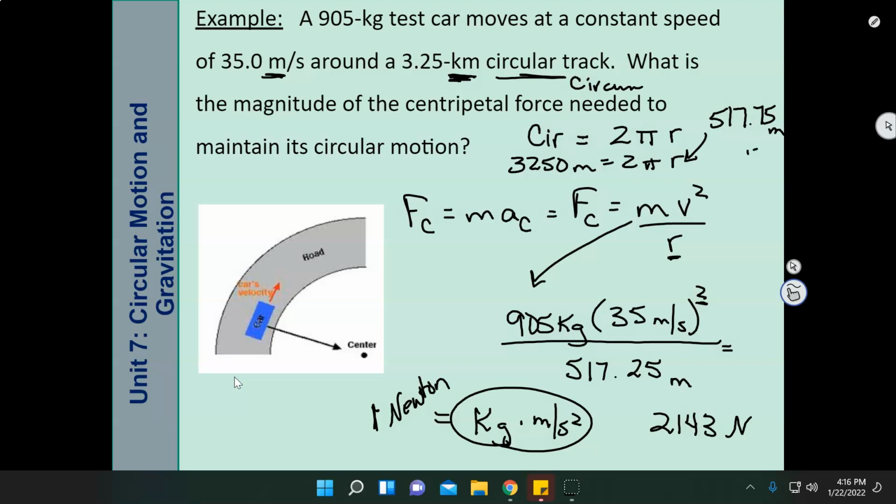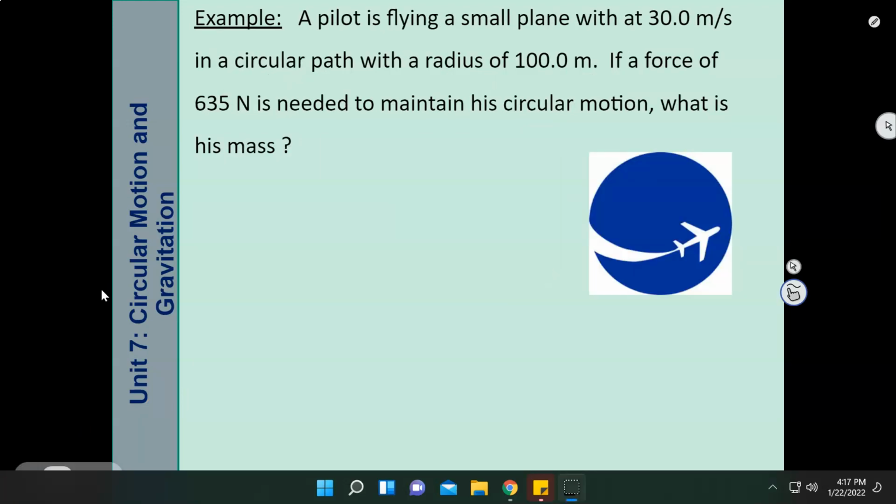Now, the force that's applying that would be the force of friction towards the center of the circle that's pushing on the car to make it go into the center so that it stays on the road. Another example of a problem, except this time they are asking you for what is the mass of this plane.